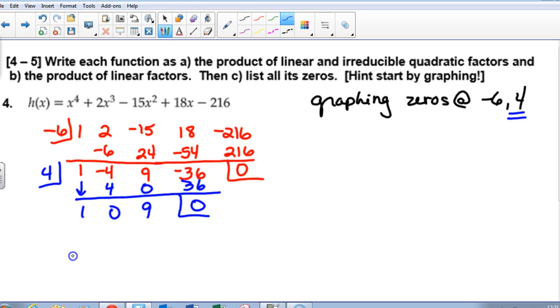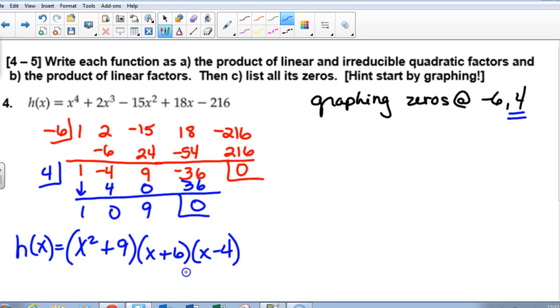Okay, what are the leftovers this time? X squared plus 0x plus 9. Okay, what were the 2 factors we did so far? X plus 6 and x minus 4, in any order.